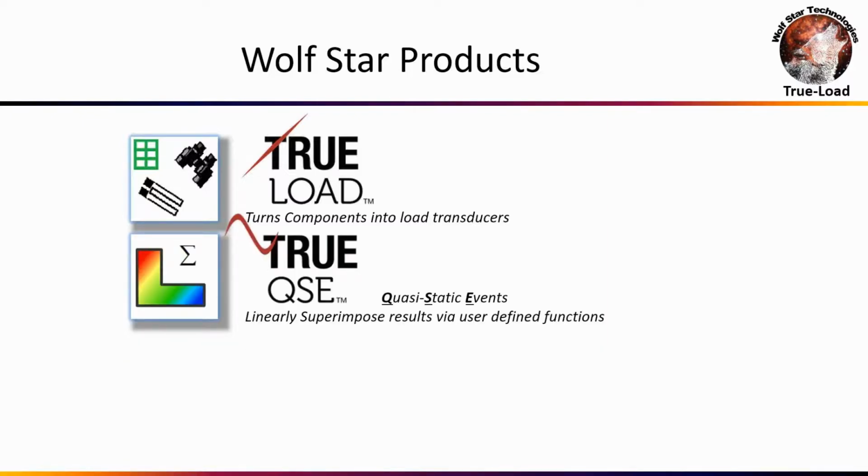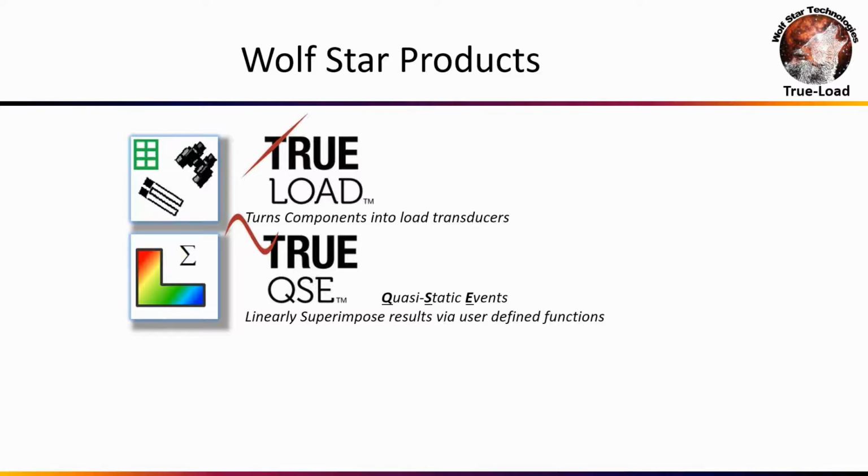The second tool from Wolfstar Technologies is a product we call TrueQSE. QSE stands for quasi-static events. Quasi-static events are basically linearly superimposing individual result sets from the FEA model via user-defined functions.